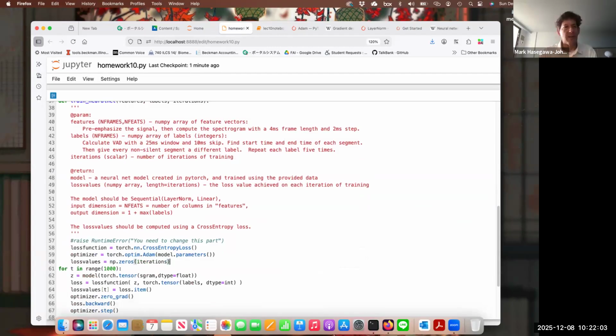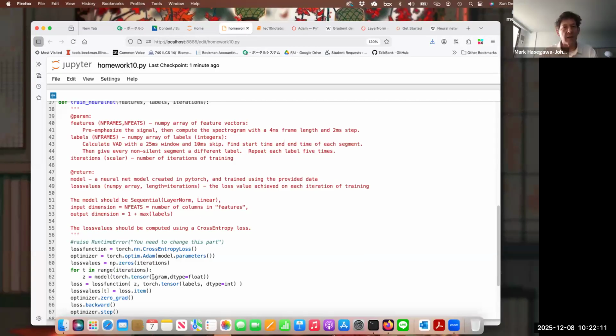And then for t in the range up to the number of iterations, I want to take the input feature matrix and convert every feature vector in that feature matrix, pass it through the model to create an output z vector, and then compute the loss by comparing the output of the neural network to the desired output, the labels that I was trying to obtain.